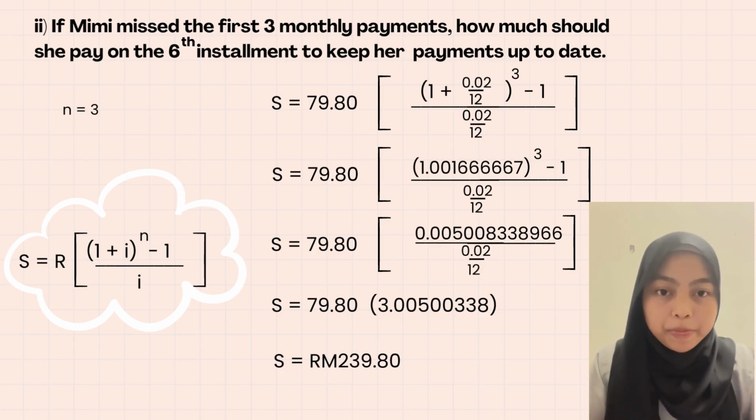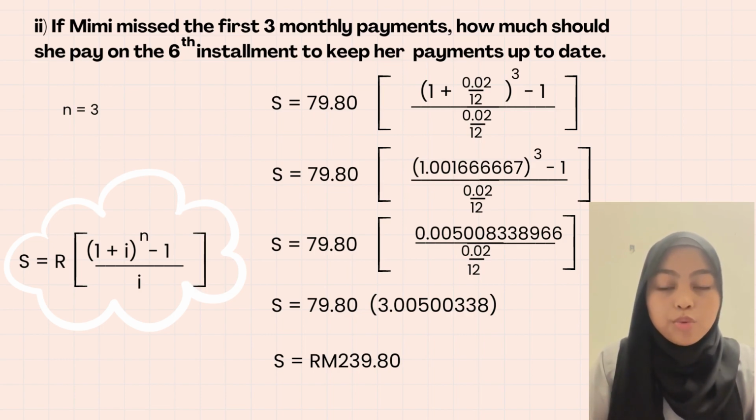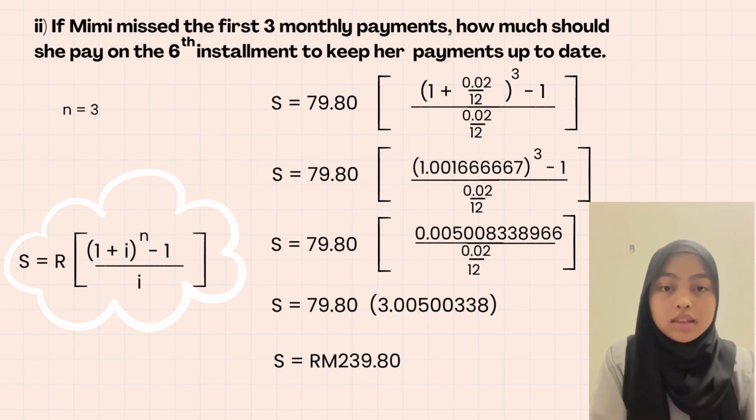For the next step, we need to solve all the numbers in the bracket, so we will get 1.001666667. And then for the next step, we need to calculate all the numbers at the top, so we will get 0.005008338966.